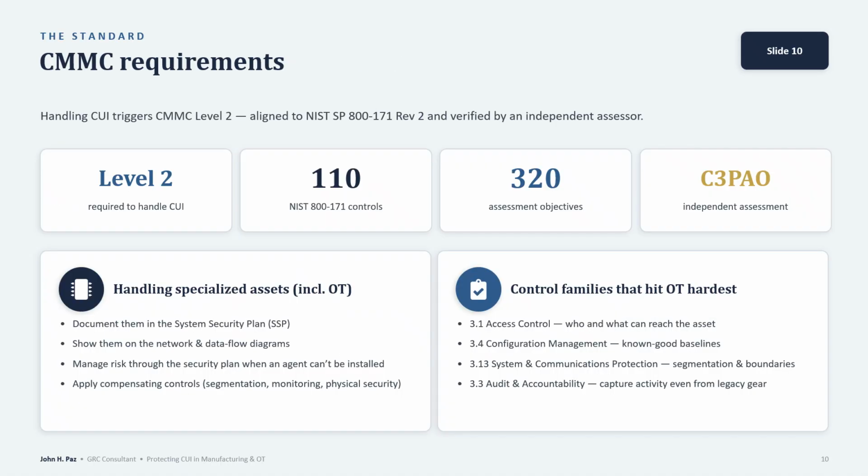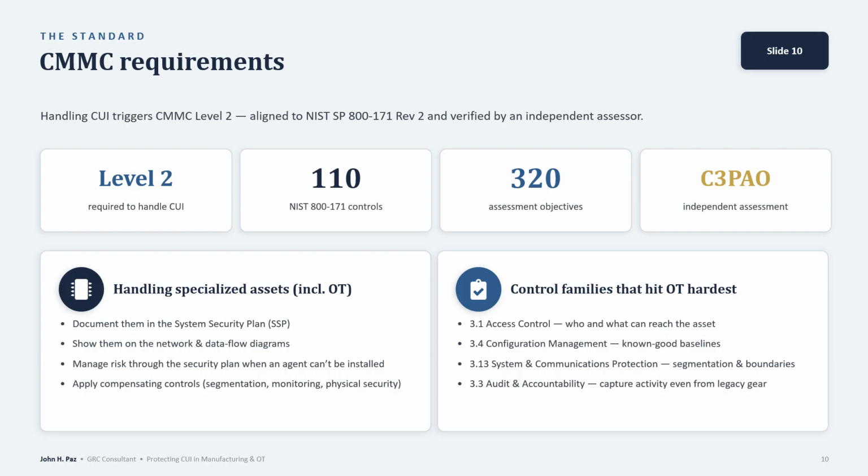If you handle CUI, you are looking at CMMC Level 2, which maps to NIST SP 800-171. The 110 controls scored across 320 objectives, verified by an independent C3PAO. The important nuance for manufacturers is how specialized assets like OT are handled.